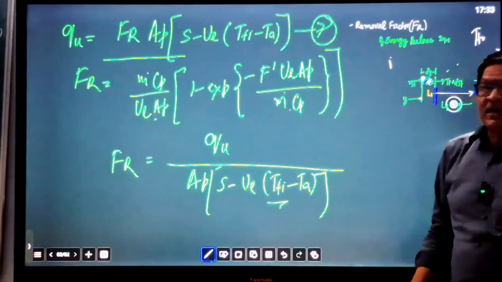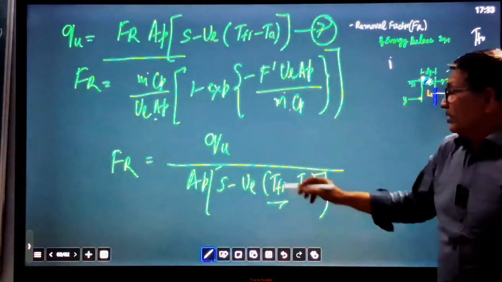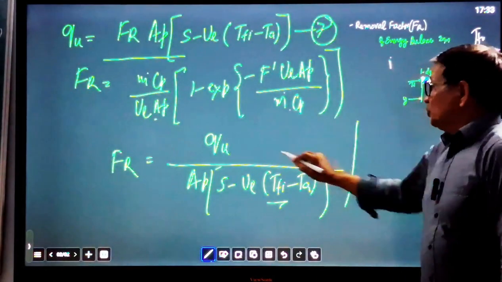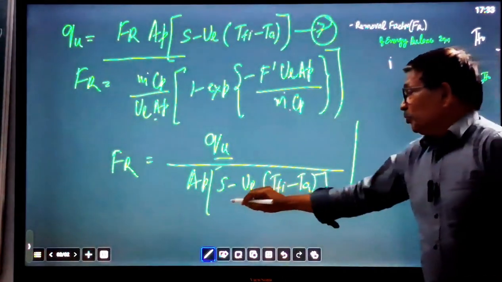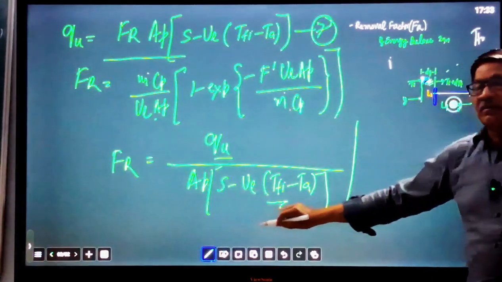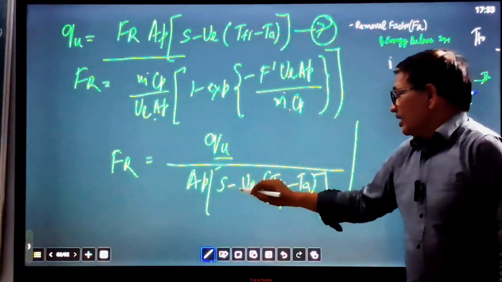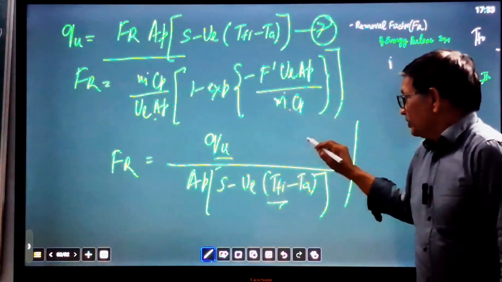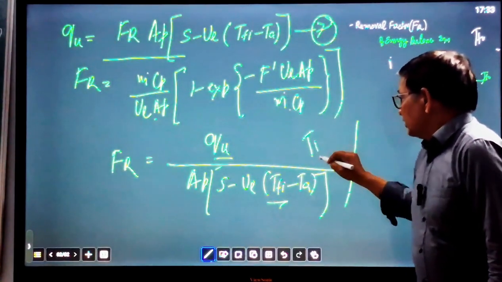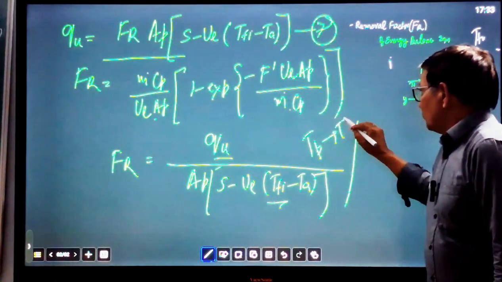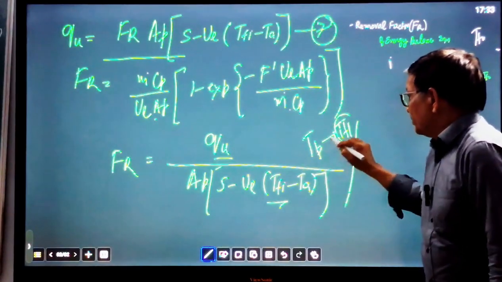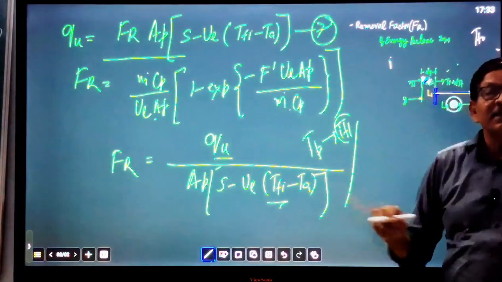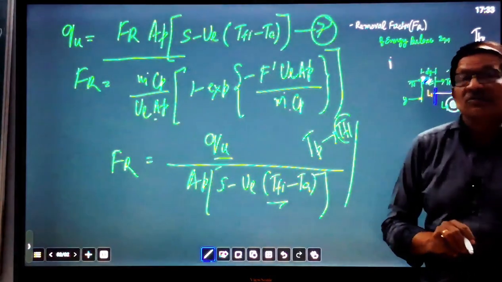Once again, what is the collector heat removal factor? It is the ratio of useful heat gain QU by the collector to the useful heat gain by the collector when the collector absorber plate temperature TP becomes TFI, the fluid inlet temperature of the collector tube.